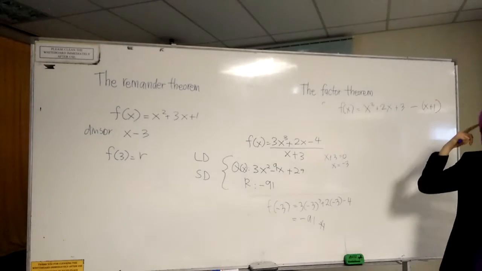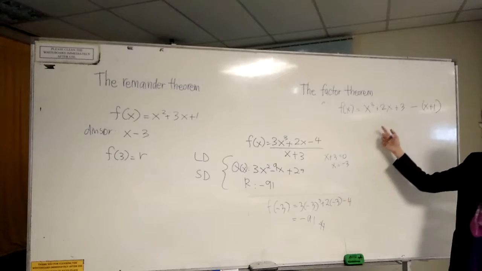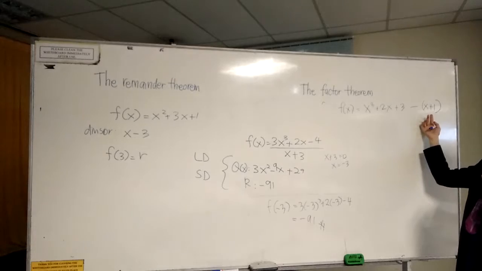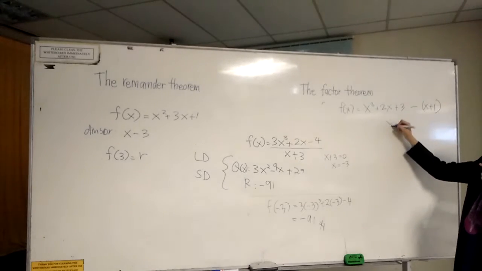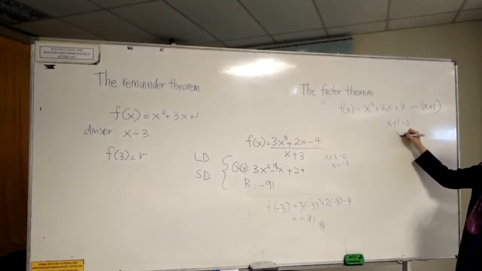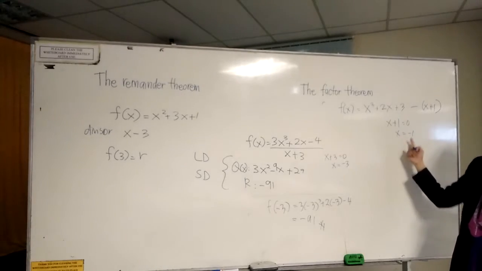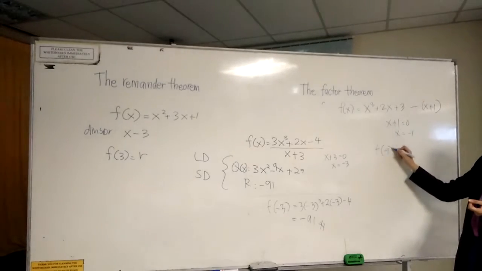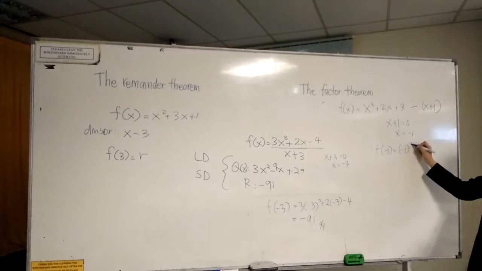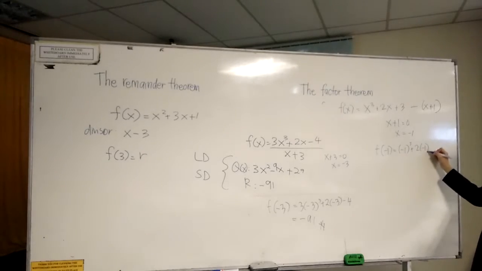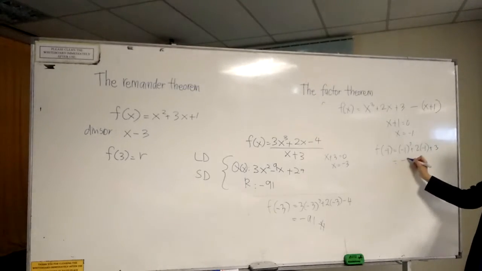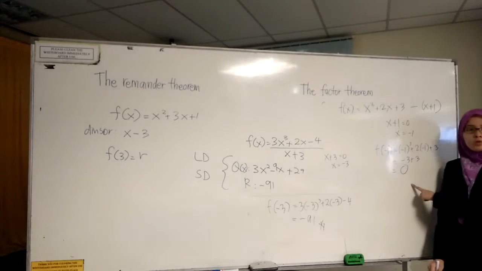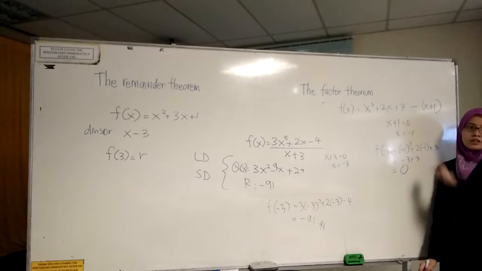If the question asks you to find the remainder, by remainder theorem I let x plus 1 equal to 0, so x equals negative 1, and substitute inside the polynomial. The remainder is f(negative 1), negative 1 cubed plus 2 times negative 1 plus 3, which is negative 3 plus 3 equals 0. Now I get 0, which means it is referring to the factor theorem.